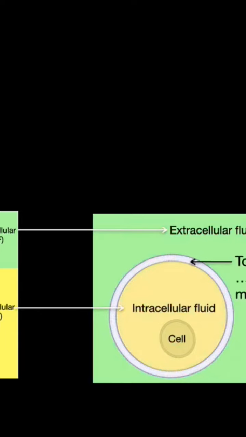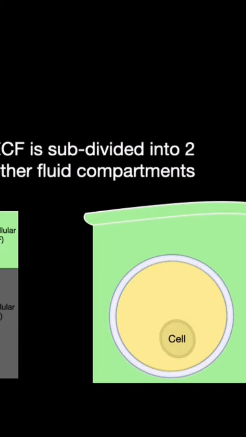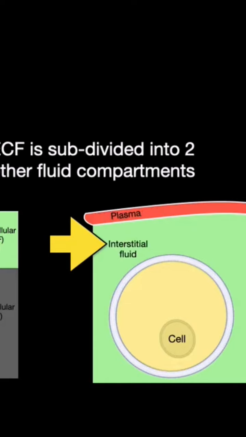So basically, to recap, this cell membrane separates the intracellular fluid, 2/3 of all of our body water, from the extracellular fluid, the other third. Cool? Now, the extracellular fluid is further subdivided into two other fluid compartments. Plasma, which is the fluid found inside of our vessels, is about 1/4 of that extracellular fluid.